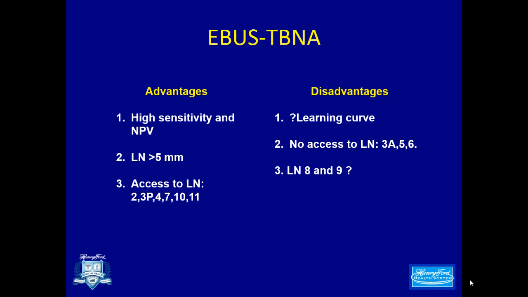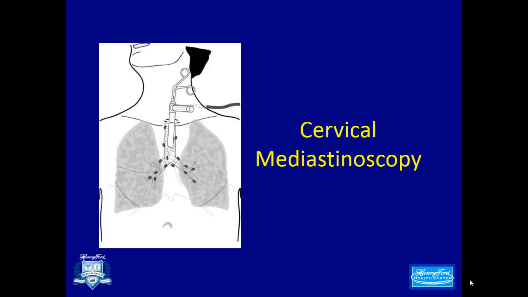That is ideal, but you only find them in less than 3%, so it's not really that much, and it's not going to change anything because most of these patients already have a station 7 positive. And stations 7, 8, and 9 belong to the lower mediastinal lymph node zone, which is not really going to change anything in terms of survival.